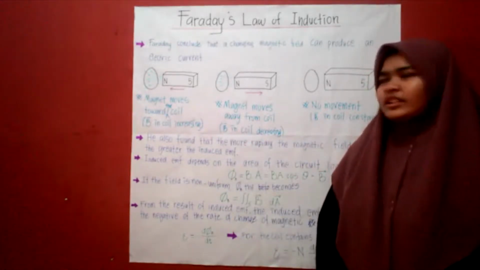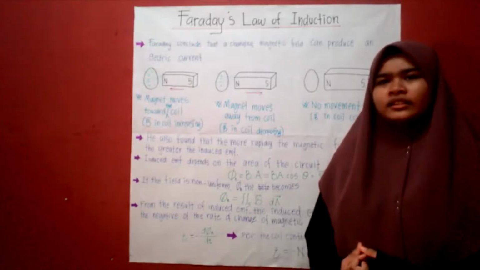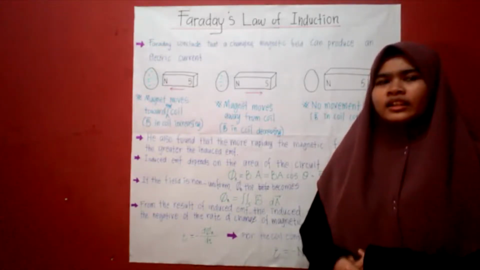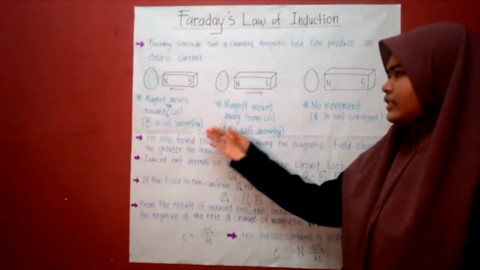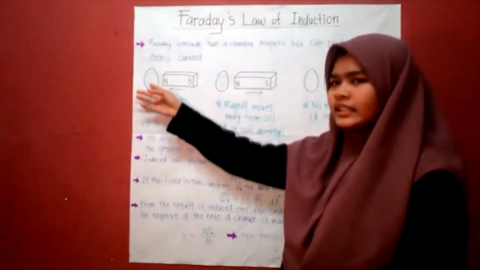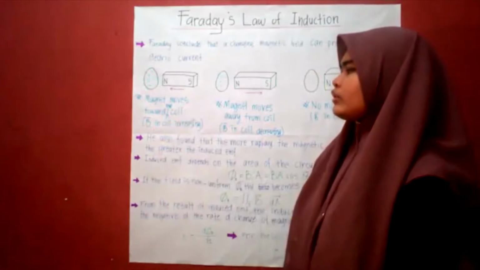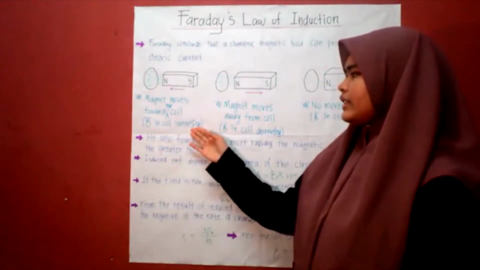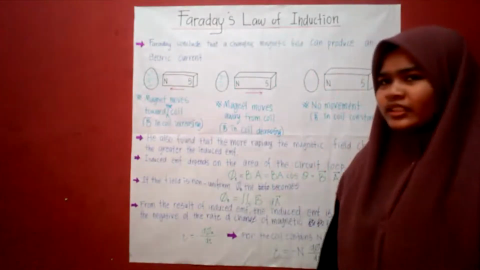Faraday's wonder was, could you take a magnetic field and produce a current from it? So Faraday conducted an experiment using a coil, and he moved the magnet toward the coil, and he found that the magnetic field in the coil is increasing.